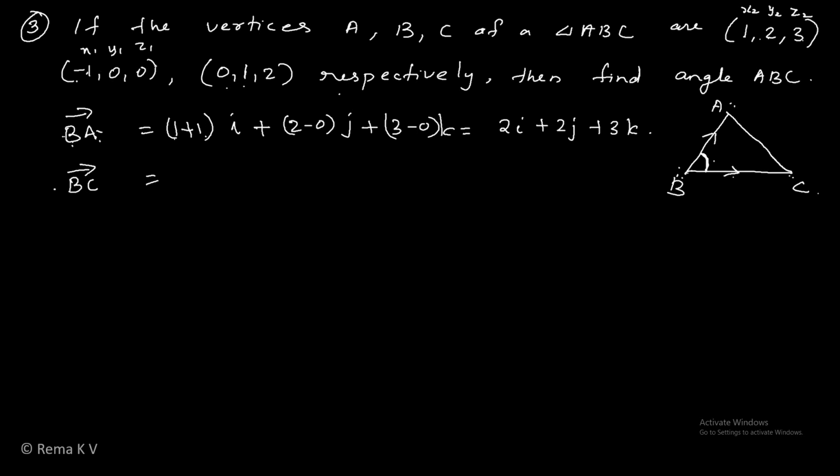To write vector BC, you have to consider this as x2, y2, z2 and this one as x1, y1, z1. Zero minus minus 1, so it is 1i, then plus 1j, then plus 2k.